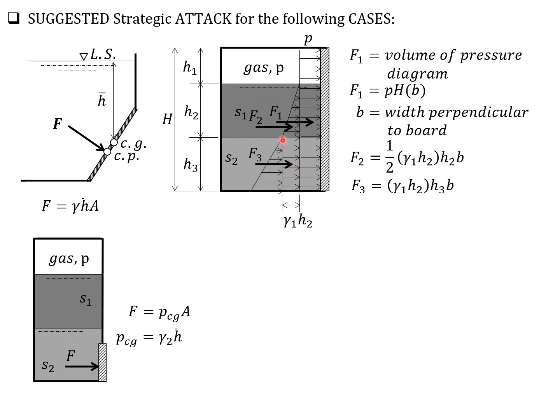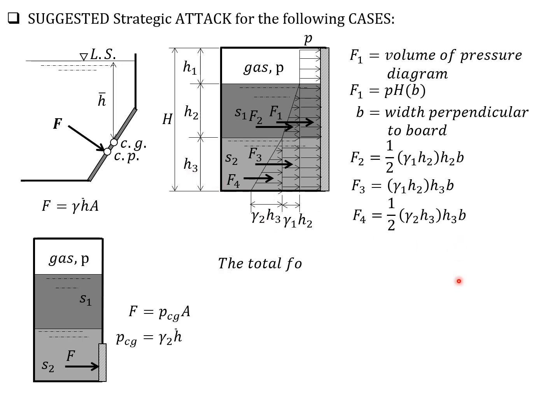And finally, due to this liquid 2 here, the pressure at the bottom is equal to P plus gamma 1 H2 plus this intensity pressure gamma 2 H3. So that's gamma 2 H3. And the force is denoted by F4. F4 is equal to the volume of this pressure diagram, which is area of triangle times width perpendicular to the board B. So it is 1/2 of gamma 2 H3 times H3 times B.